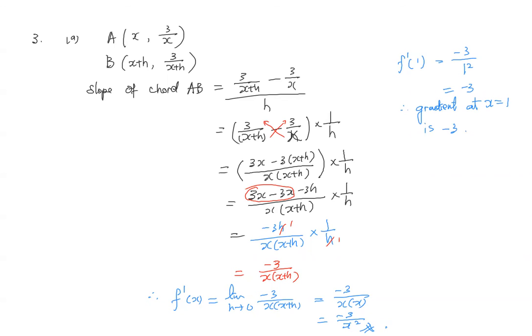Understand? So that's why we call this the gradient function. At x equal to 1 is f prime 1. F prime x is the gradient function. That means this function enables you to find the gradient at any point. Okay, thank you. Welcome.